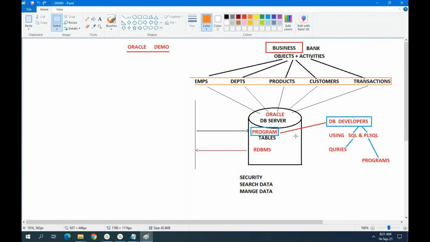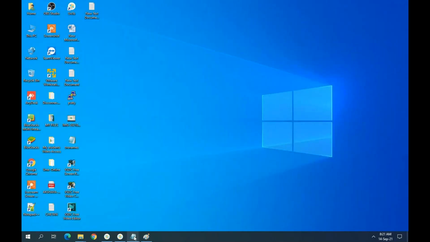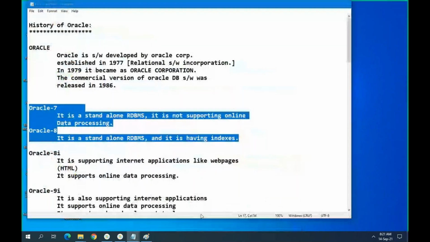Why? Because Oracle 7 and 8 do not support online transactions. There are no web interaction related utilities. That's why Oracle 7 and 8 are known as standalone databases.